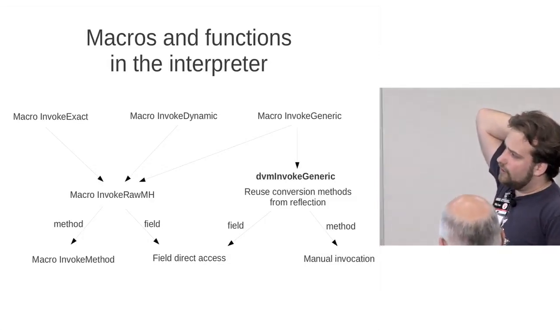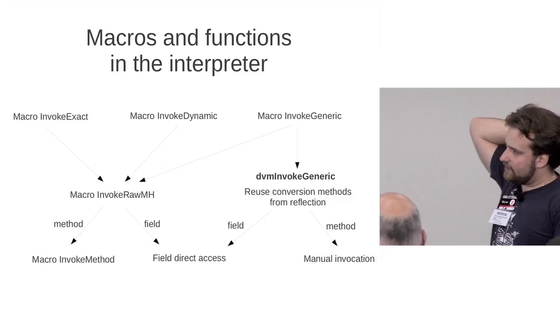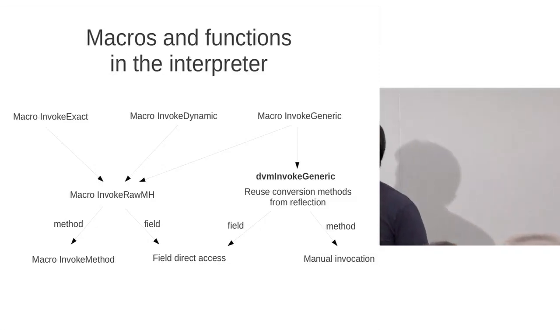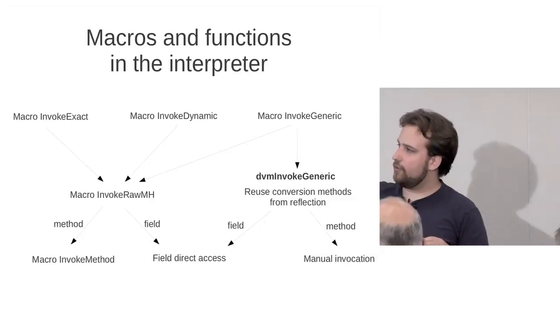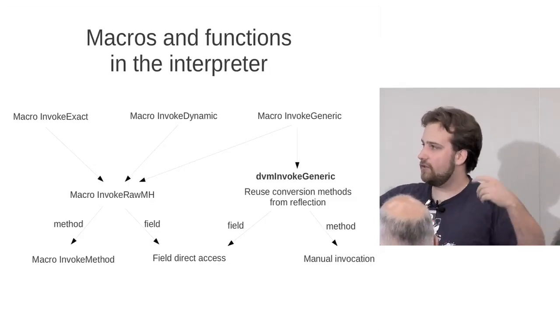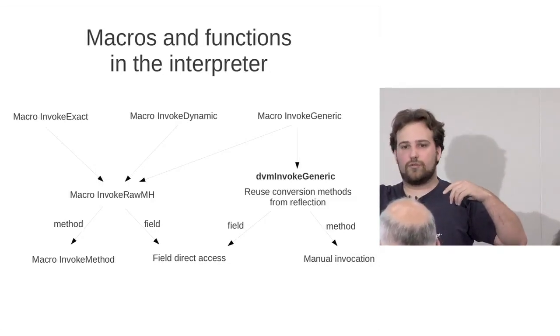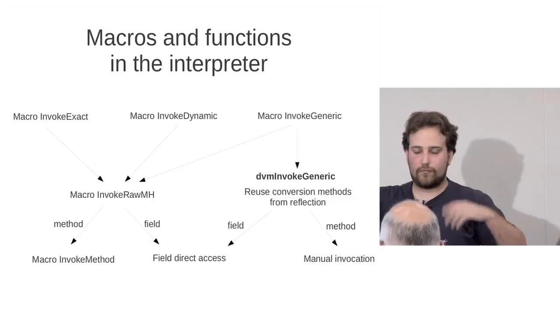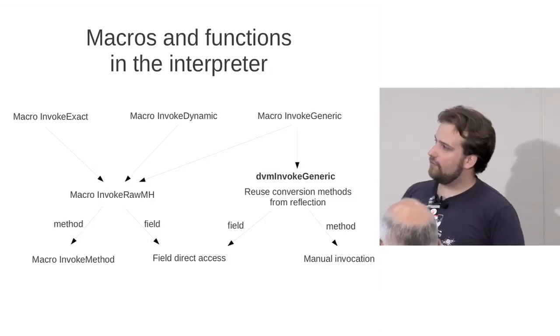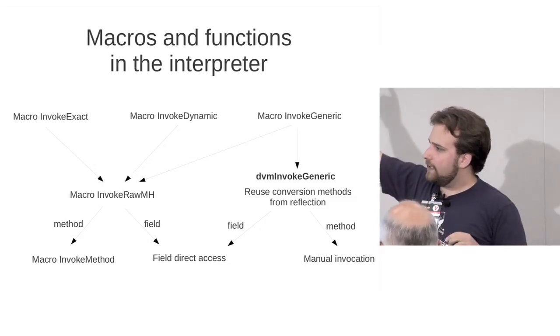So when we have an Invoke Exact or an InvokeDynamic, we have to treat our argument. For example, for Invoke Exact, we have to check the method type, and for InvokeDynamic, we have to get the call site and resolve it if needed.